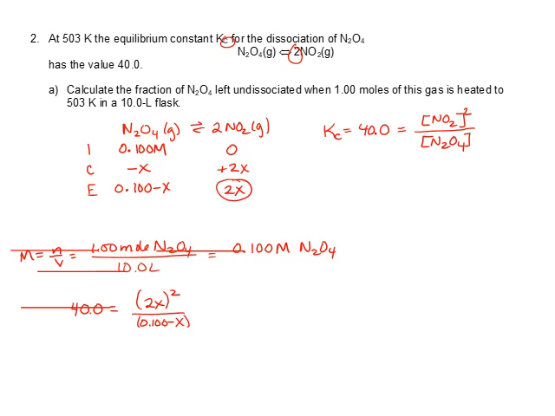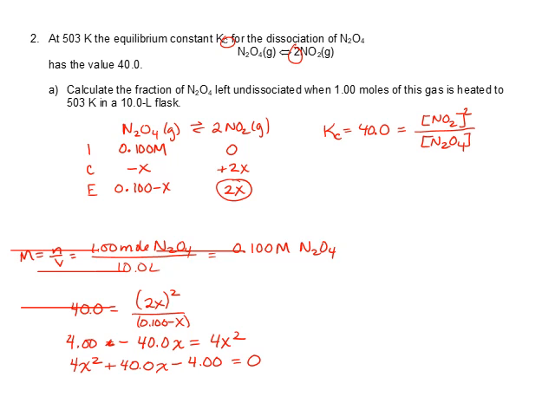Multiplying the denominator by 40, and then combining terms and getting everything on one side, we have 4x squared plus 40x, when I move it over to the other side, minus 4.